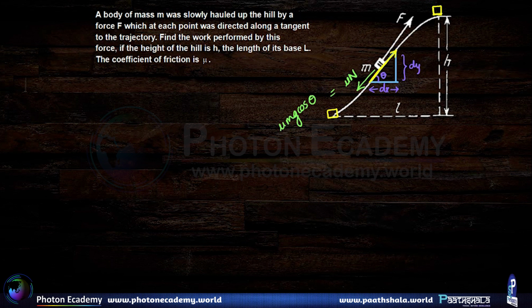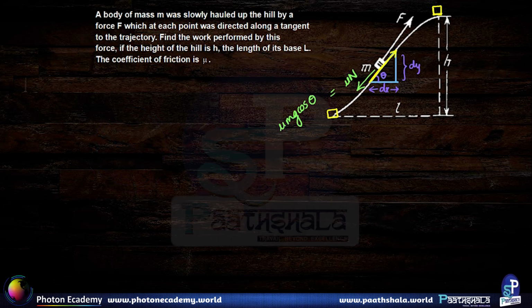So what we can write as the equation of the work done by the force F, the force of gravity, and the force mu n is as follows. The displacement instantaneously happens to be ds. So this yellow vector ds is the displacement.